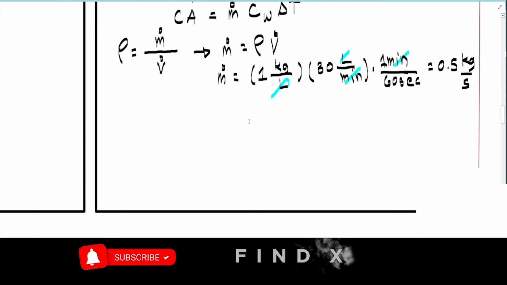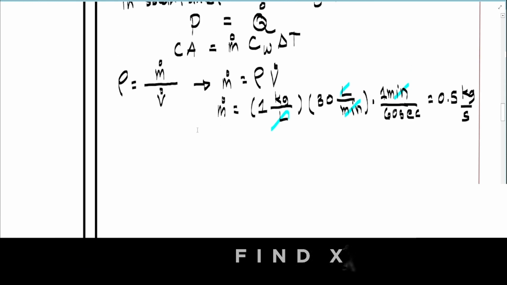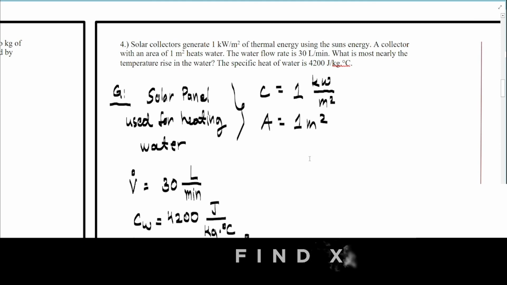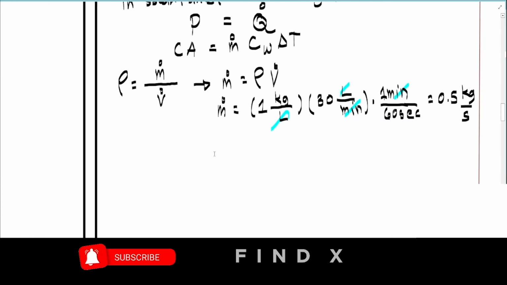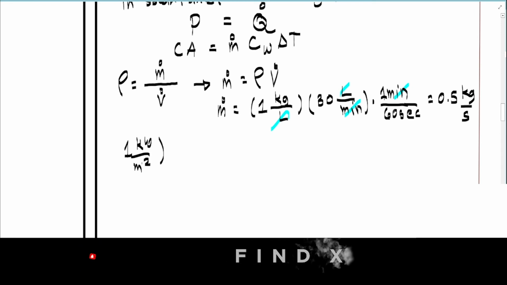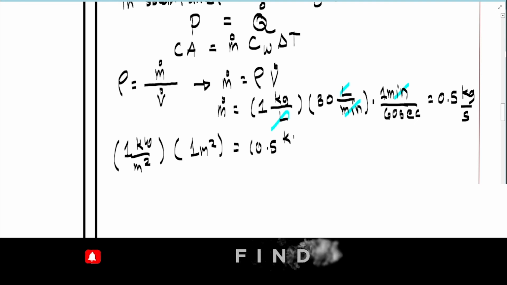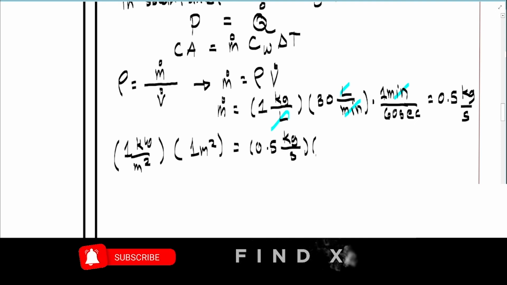So I think we can now substitute the values. We have C and A, which are both 1. So 1 kilowatt per square meter times 1 square meter, all equal to, that is your CA, the mass flow rate, which is 0.5 kilogram per second, times Cw.